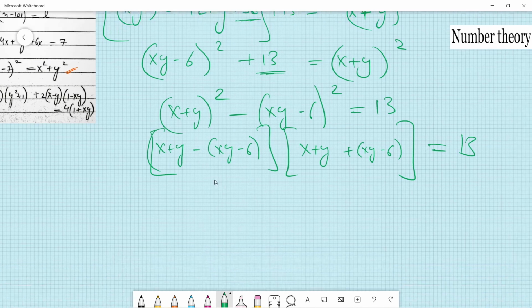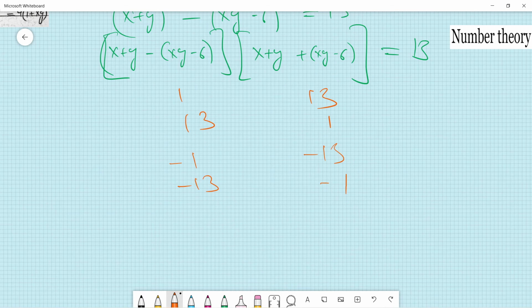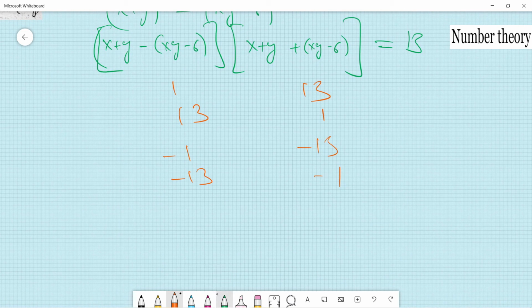So now let's quickly make our table: 1, 13, 13, 1, and minus 1, minus 13, minus 13, minus 1. I'm only going to solve the first case, and the rest of the cases you can tackle on your own. So let's see where the first case takes us.